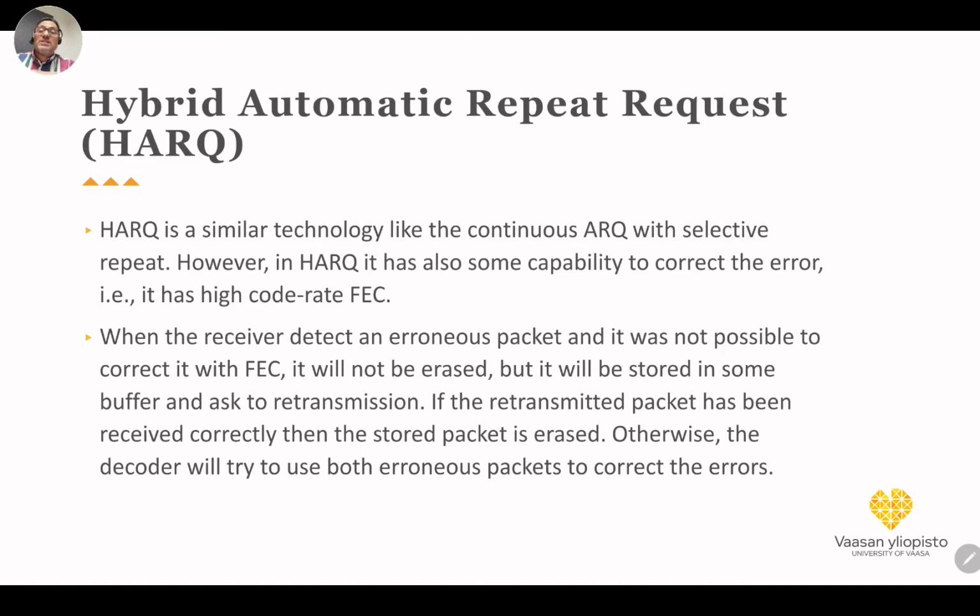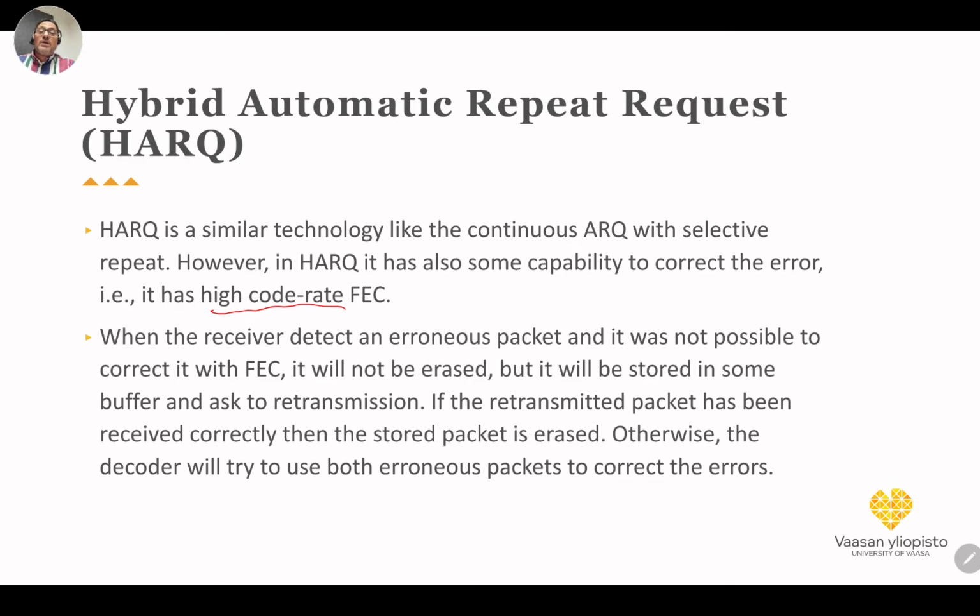And as I mentioned, this is the hybrid ARQ. The hybrid ARQ has more advanced technology than the ARQ, so they use also part of the forward error correction, but at the same time they use a high rate. Using a high rate means that we don't sacrifice the throughput.